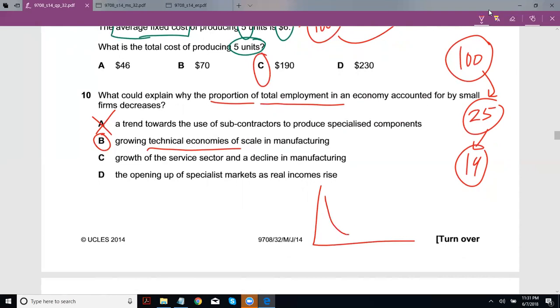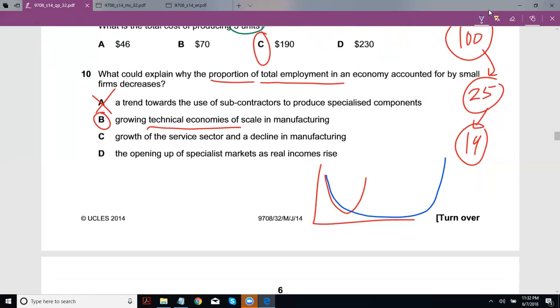So if your long run average cost curve was something like this, now because of technical economies of scale, it could be something like this, badly drawn. But the idea is that instead of your minimum efficient scale being this, it could be something along these lines, because it overrides the effect of any managerial diseconomies. So average cost falls over a greater range of output, and clearly this is now the optimum output you should produce, which favors you being large rather than small. That would be your answer.